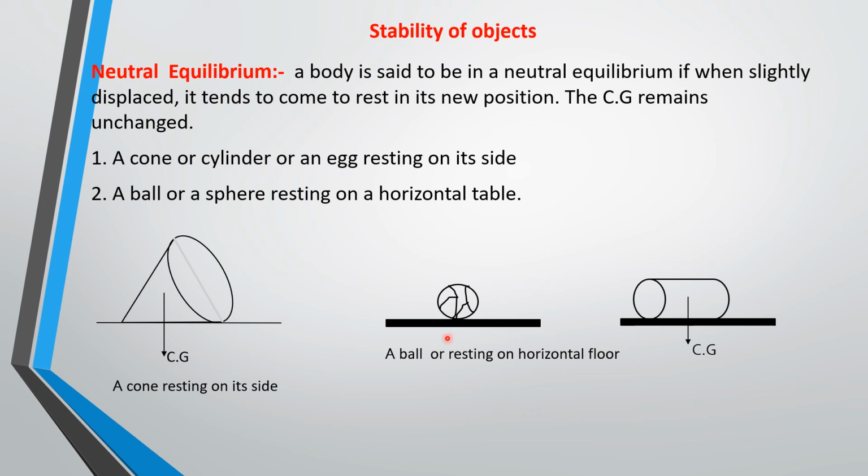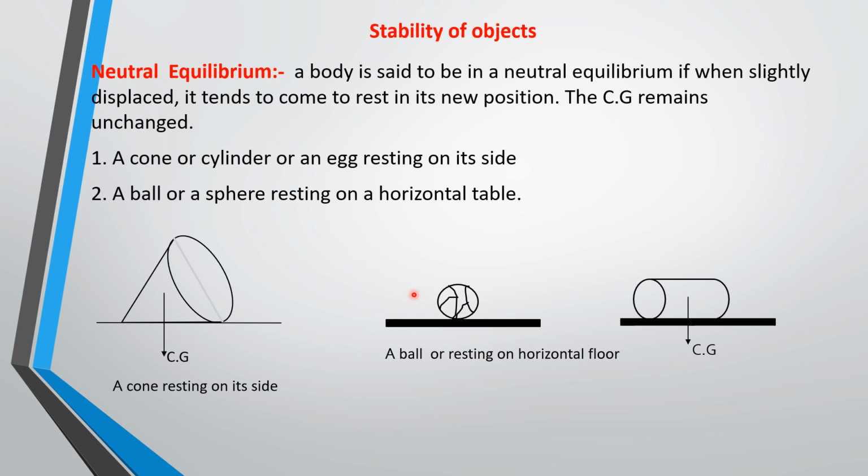So for this particular class, we have discussed a torque, we have discussed a couple. We said that a couple is equal and opposite forces that cause a turning effect, and the turning effect of a couple is called a torque, or the moment of a couple is called a torque.